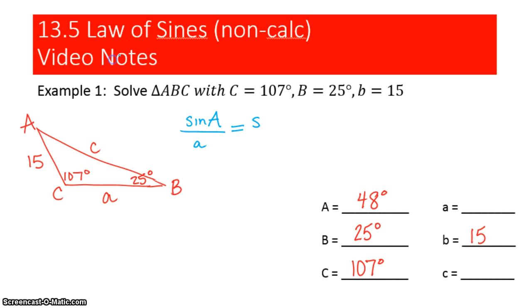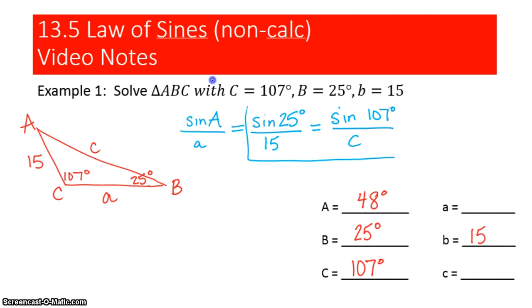And we have sine of angle B, which is 25 degrees, over side B, which is 15, equals sine of angle C, which is 107 degrees, over side C, which is unknown. So we need to figure out which part of this we're going to use, and we can only have one unknown. So what we're going to do here is use this proportion, because we're missing one piece.